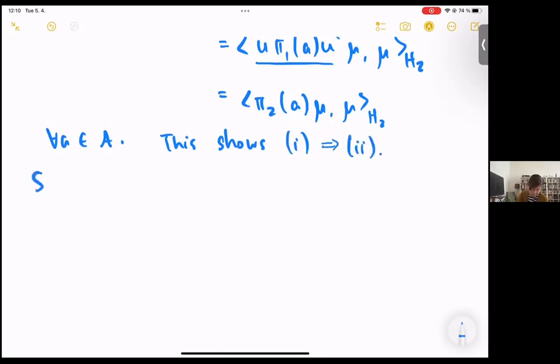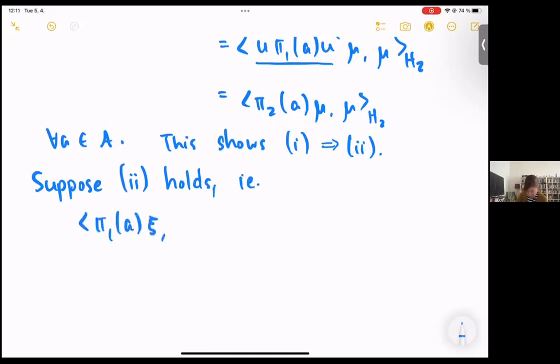So now let's suppose that 2 holds. So that is that the inner product of pi 1 a psi with psi in H1 is the same as the corresponding one for mu.